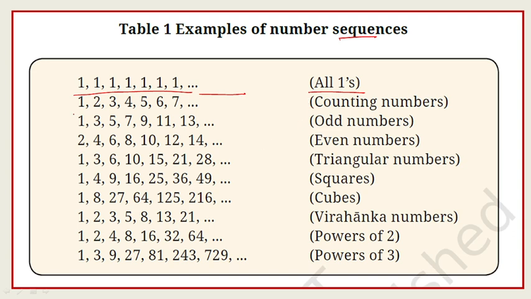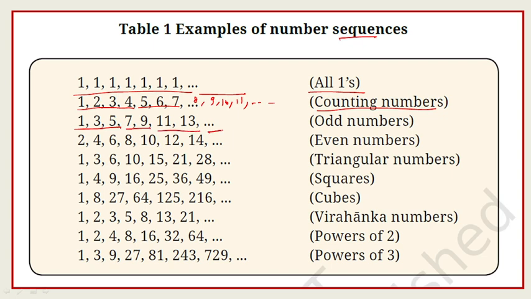Now when the number increases by 1 each time, like 1, 2, 3, 4, 5, 6, 7, 8, 9, 10, 11, in this way it is counting. It is known as counting numbers.